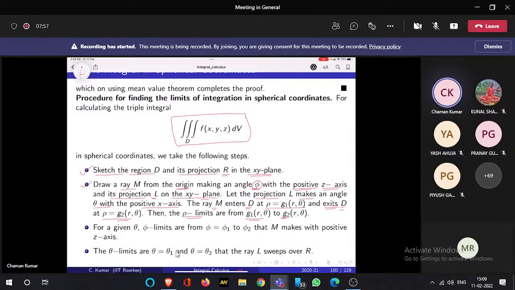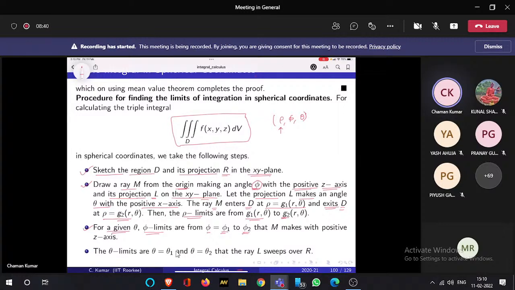So you may remember that we have three components in spherical coordinates. For all three components, we have to identify the range. So first we have identified the range of rho in this step. Then you fix a value of theta. Remember that theta is the angle that the projection of the ray M to the xy plane makes with the positive x-axis. So for a given theta, phi limits will be from phi 1 to phi 2.